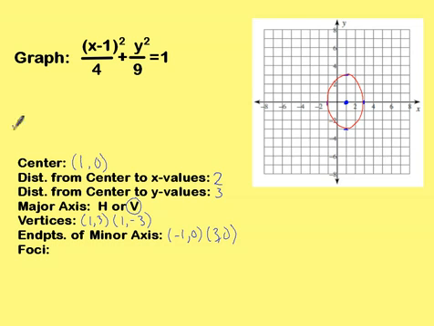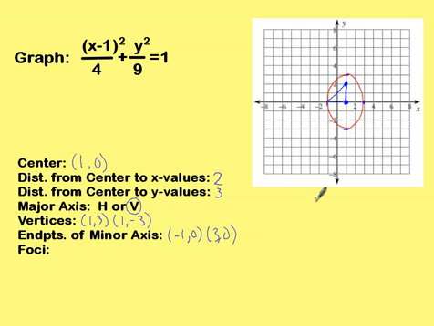Right. From there, all we're left to do is find the foci. It's tough to see where they are, but they're somewhere in between the center and the vertex on both sides. I'm just going to guess that it's somewhere around here. The hypotenuse of this triangle is the same as the distance from the center to either vertex.